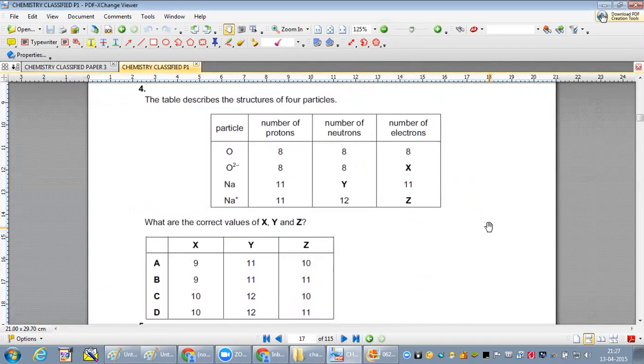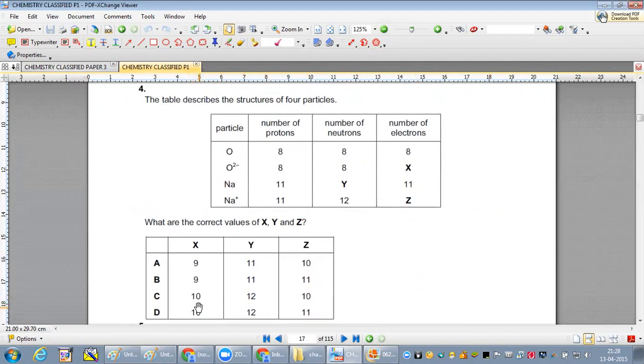Yes, so what about Y then? You will have to see. Suppose I'm searching for X, what is this number X? Over here, two more electrons are there. It means this has to be 10. It means only the C and D options are correct.